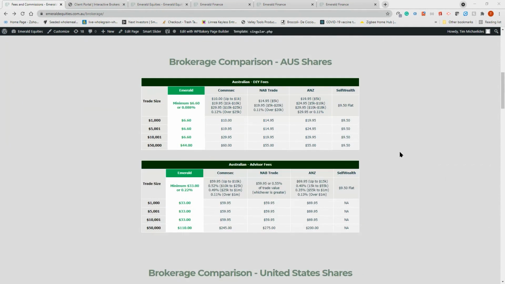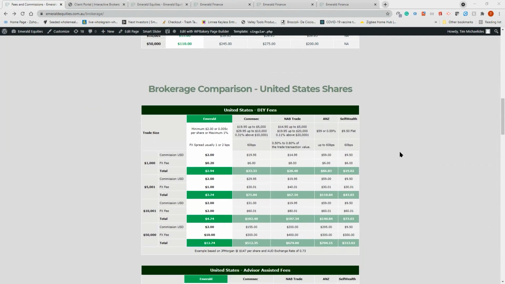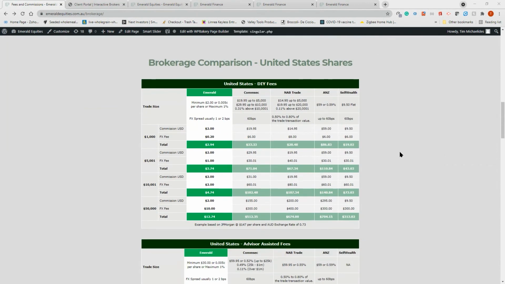Where we're very excited is in the US market, and I'm going to show you why. In overseas markets, we are one of the most competitive in US markets in Australia. I know there's free brokerage for the US, but I'll explain in a second why that's not necessarily a massive thing. Our DIY fees for the US market start at $2 minimum, or half a cent per share.